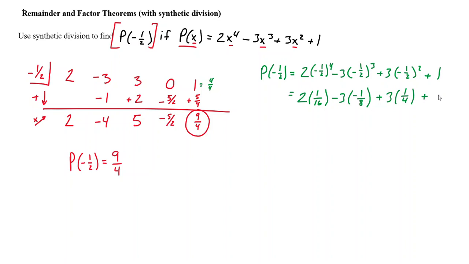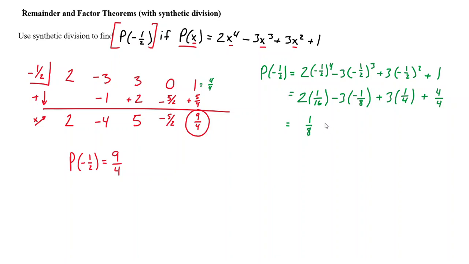Then plus 1. Now I'm going to cheat a little bit here and just look ahead and say, I think I'm probably going to end up adding a bunch of fourths together, so I'm going to say 1 is 4/4. We wouldn't normally do that step this early in the game. Okay, so 2 times 1/16 is 2/16, which is 1/8.